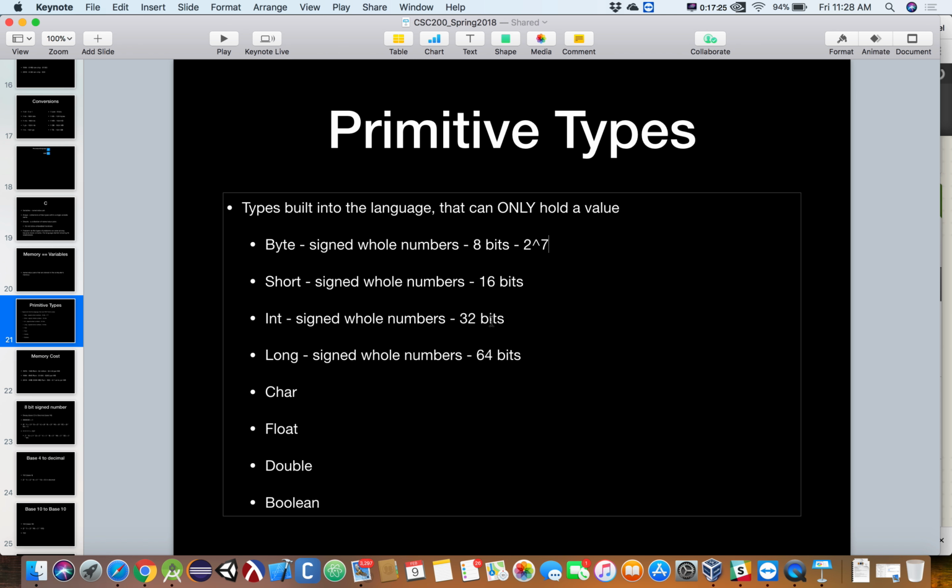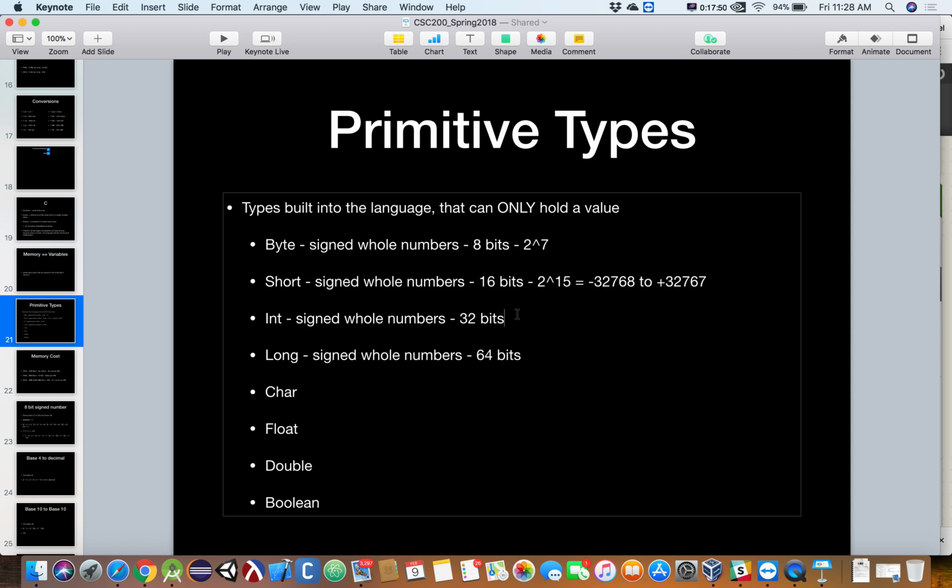A short is plus or minus 2 to the 15th power, because it's 16 bits and one of those bits is being used for sign. So for a short, this is negative 32,768 to positive 32,767. That's the range of values that go in there.